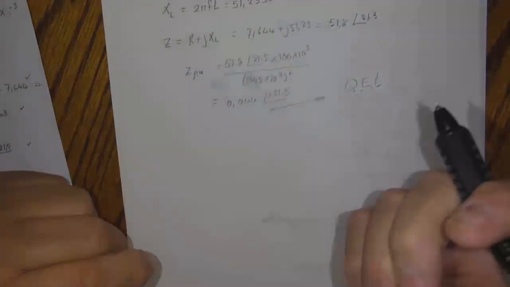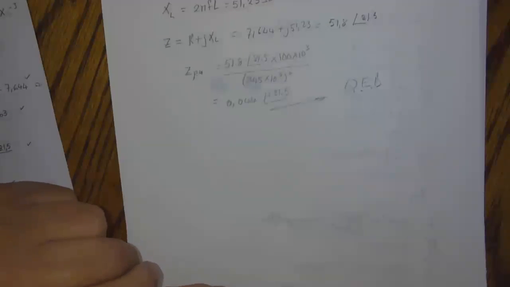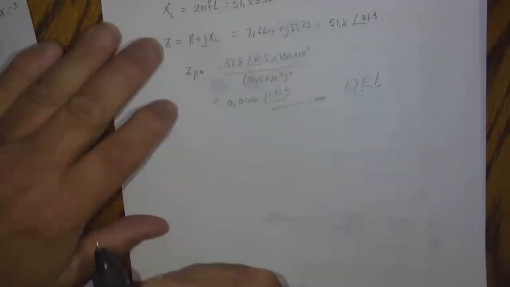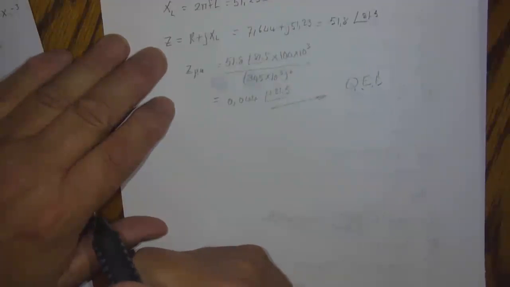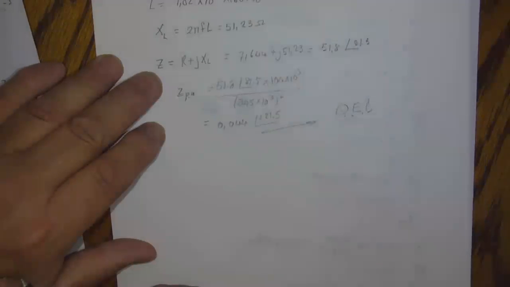Right, any other questions that you have? That unit, I missed that part. How do you calculate Z? Which part did you not get? This Z per unit.